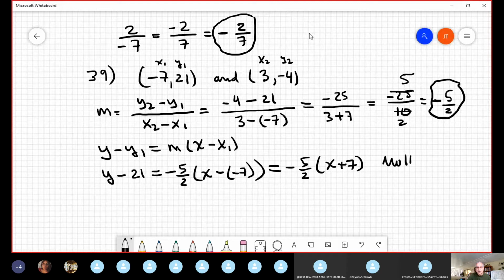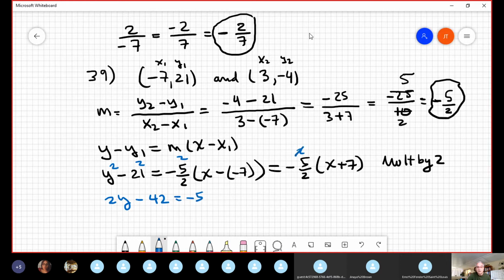Now it's obvious that in this case you multiply by 2, no? In order to eliminate the fraction, you multiply by the number of the denominator, 2, no? You multiply the entire equation by 2. This is 2 here, 2 here, 2 here, or 2 here. Okay, the same. 2y minus 42 is equal to negative 5.